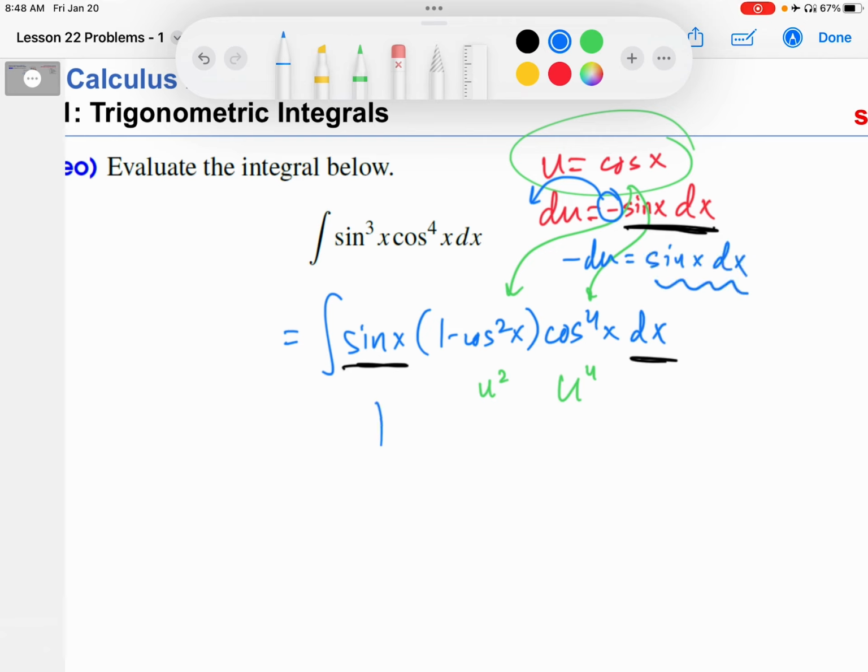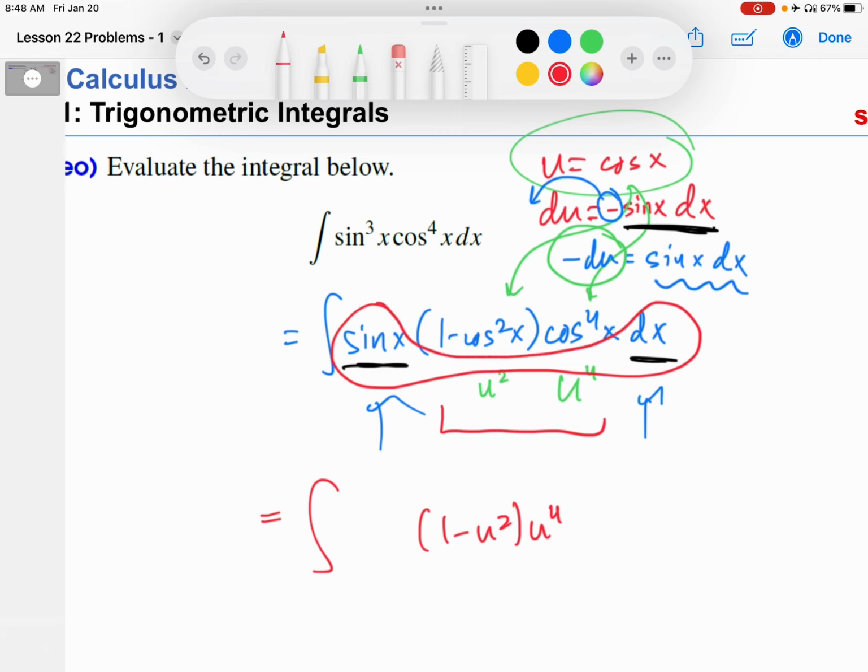So sine x dx, which is here, gets replaced by negative du. So the integral becomes, let's take care of the u's first, 1 minus u squared times u to the fourth, and then sine x dx gets replaced by negative du, minus du.